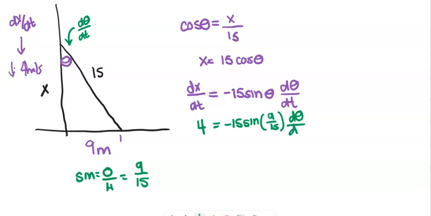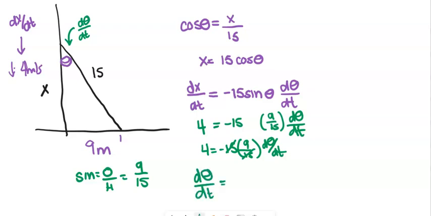And d theta dt is what I am looking for. Okay, when I rearrange to solve, let's rewrite that. Cross out my 15s. The rate that the angle is changing with respect to time is negative 4 over 9. My units are radians per second.